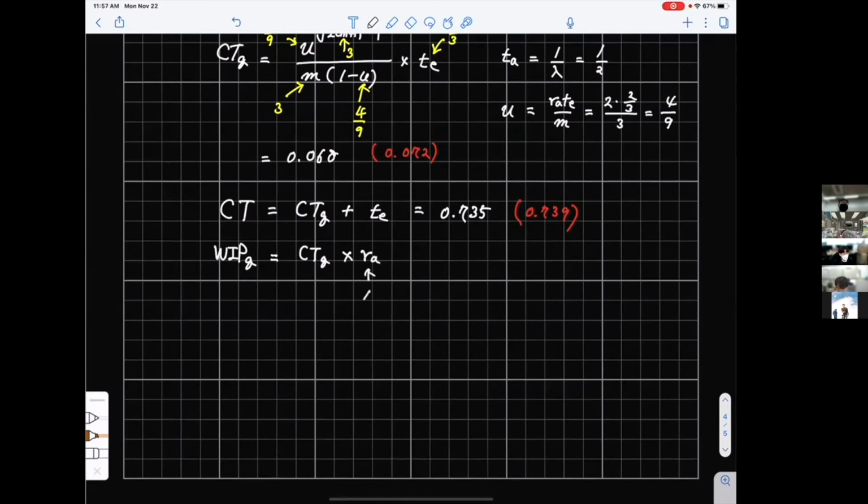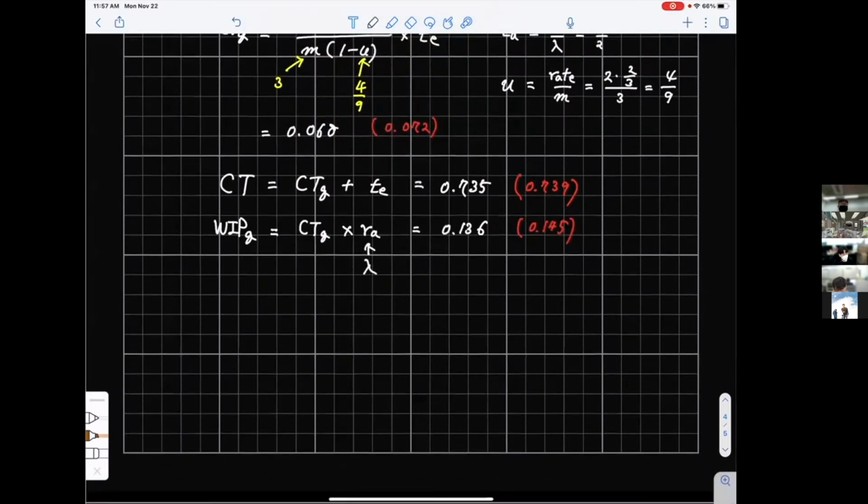Here RA is the same as lambda, so WIPQ becomes 0.1636, and it was 0.145.